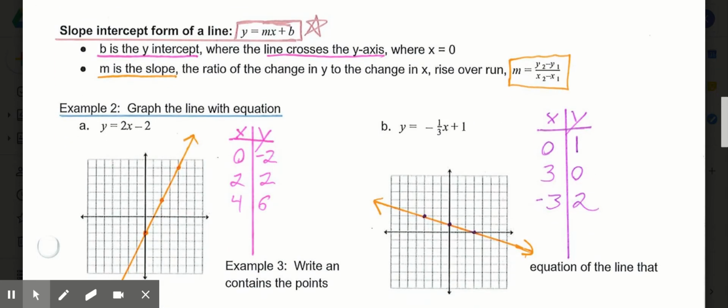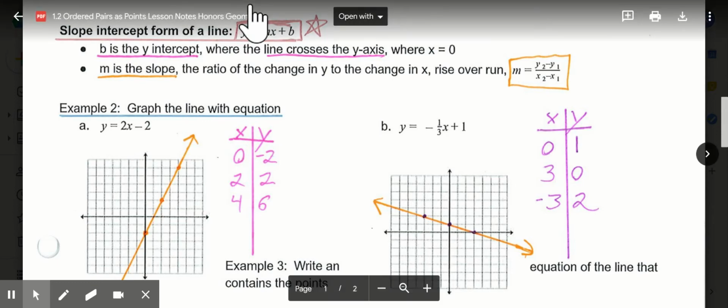Then we have my favorite form for writing lines, slope-intercept form. So slope-intercept form, again, a refresher from algebra. Slope-intercept form is y equals mx plus b. Now in slope-intercept form, the b represents our y-intercept, meaning that's where our line crosses the y-axis or where x equals 0.